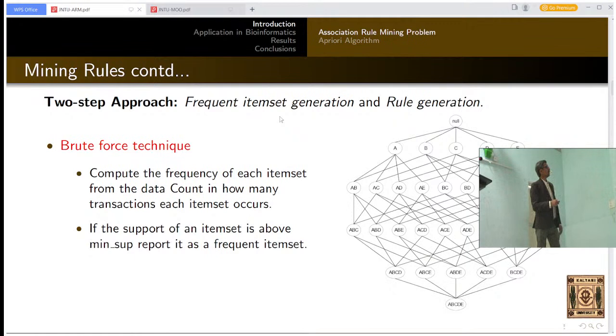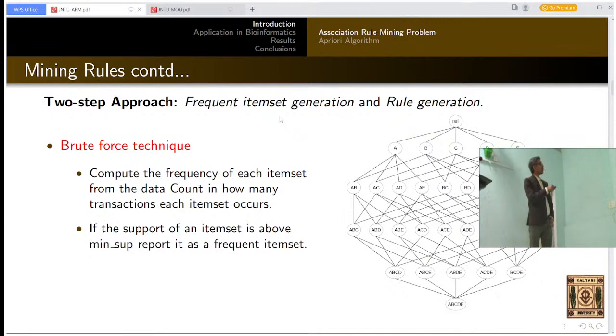So this is an example of a brute force technique. What is this actually? We first start with all the single item sets. Then we combine the single item sets to get the 2 item sets, compute the support values, then combine the 2 item sets to get the 3 item sets, then combine the 3 item sets to get the 4 item sets, and finally the 5 item set.